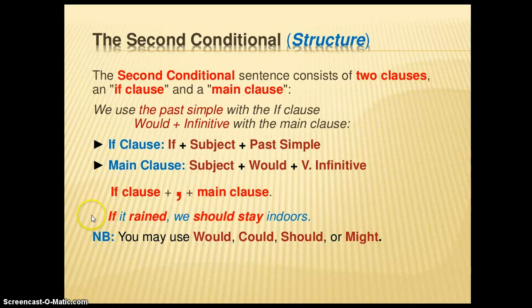As in this example, if it rained, we should stay indoors. Right? Remember, we are talking about something hypothetical. Should is possible, but would, could, or might are also other modal verbs that we could use with this second conditional structure.